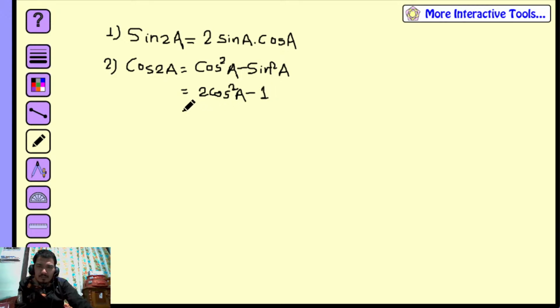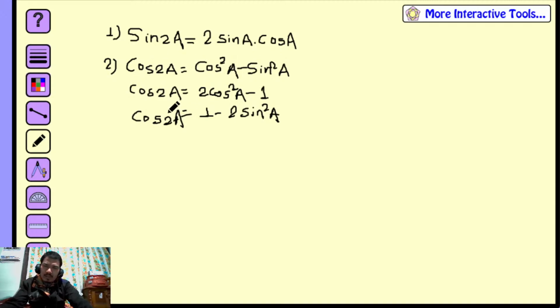And if you write cos 2A in terms of sine A, then it will be 1 minus 2 sine square A. This is cos 2A in terms of cos A and sine A, and these are also the formulas of cos 2A, in terms of cos A only and in terms of sine A, right?